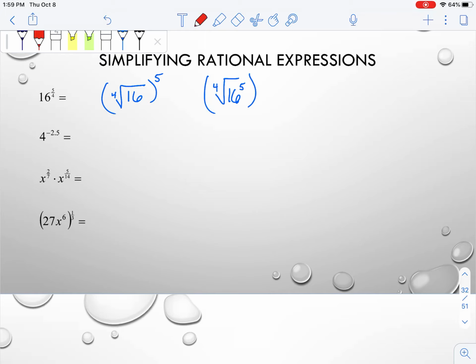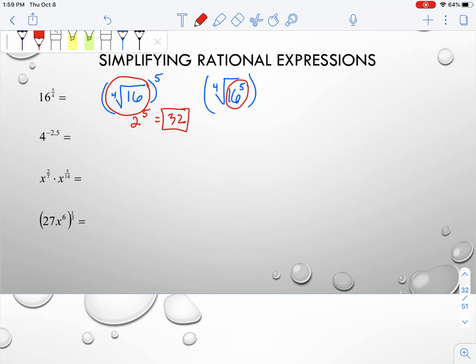However, if I'm simplifying this without a calculator, would I rather deal with 16 to the 5th power, which I don't know what that is, it's a very large number, or would I rather deal with the 4th root of 16? That I actually know. The 4th root of 16 is 2. So 2 to the 5th power, I know that 2 times 2 times 2 times 2 times 2, 5 times, is 32.